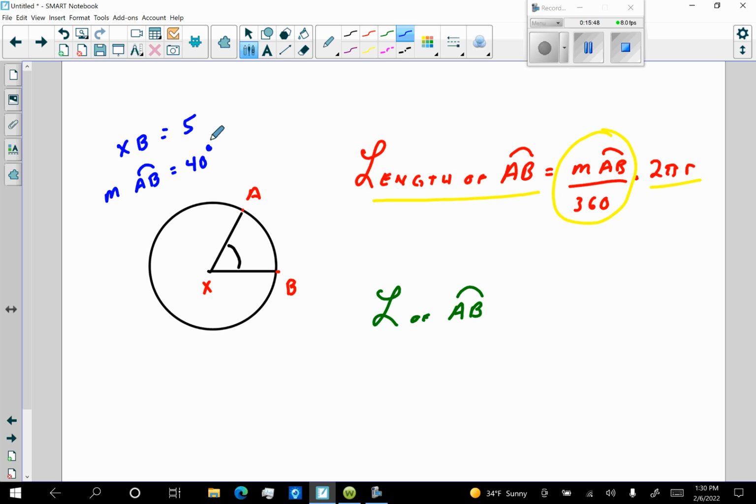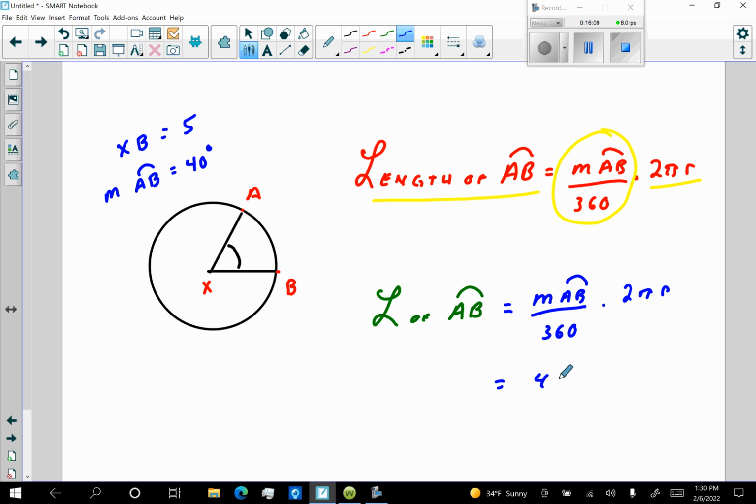So how do I find the length of AB? I'm going to write the formula out. The length of AB is the measure of AB, which is 40 degrees, divided by 360 times this 2 pi r. So this is the unknown that I have, the length of AB.